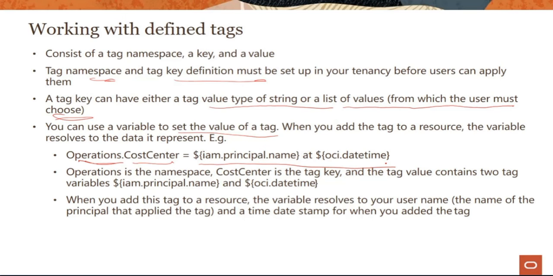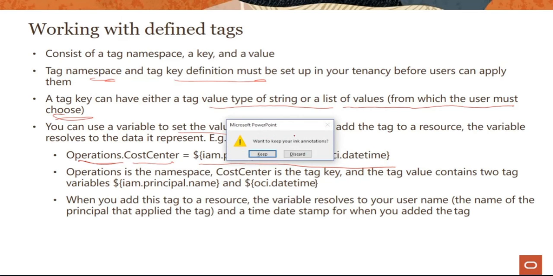When you add this tag to a resource, the variable resolves to your username, that's the IAM principal name, and the date stamp for when you added the tag. This gives you the flexibility to use tags in a variety of ways.